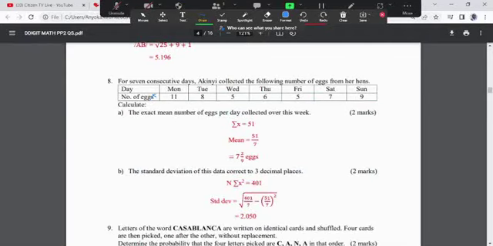We are finding the exact mean. It is the sum of x over n. So the sum of x becomes 11 plus 8 plus 5 plus 6 plus 5 plus 7 plus 9, which is 51. Mean is equal to 51 over n, the sum of x over n. N is the number of entries, 7 days.